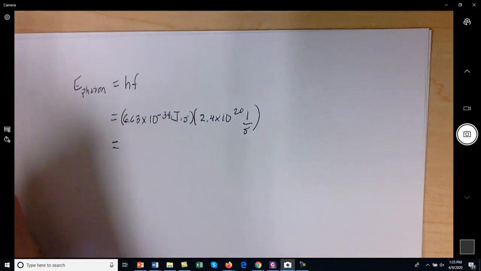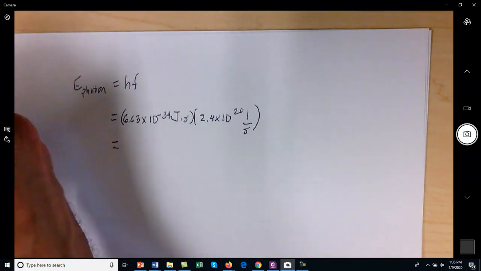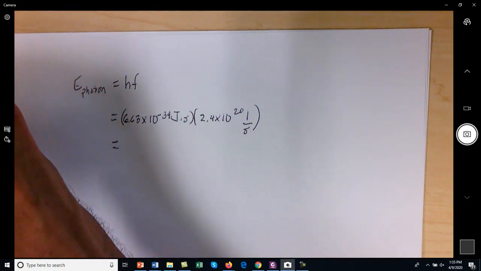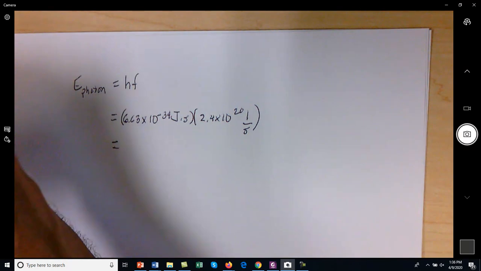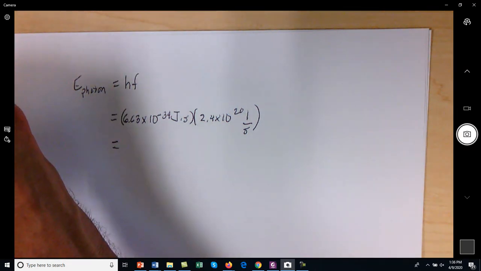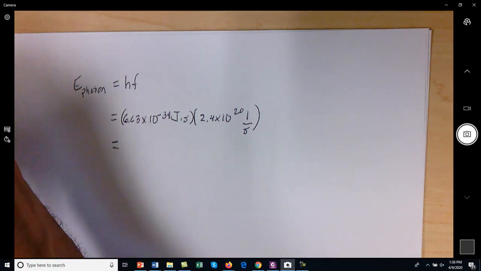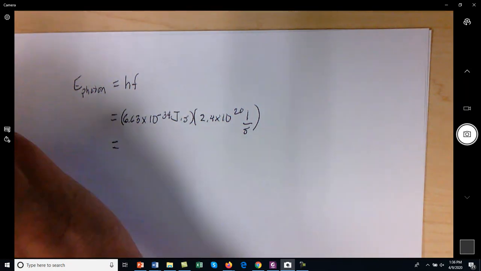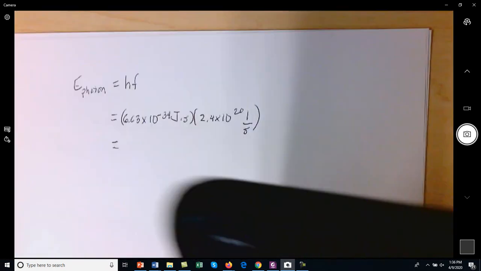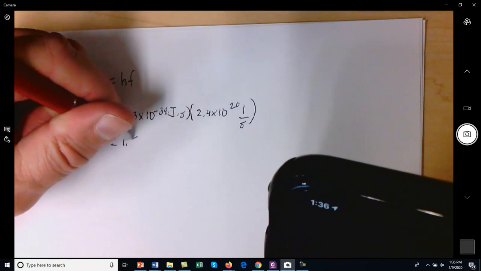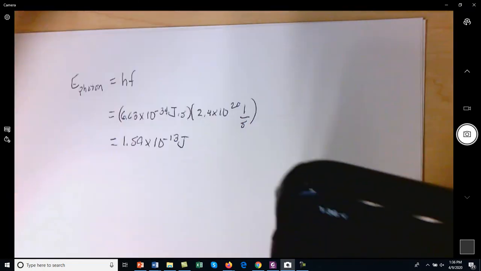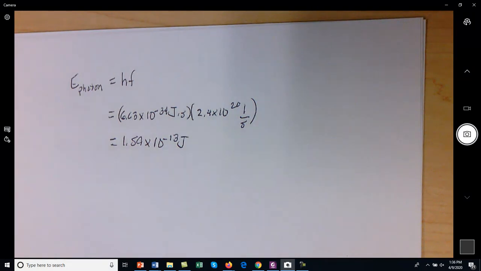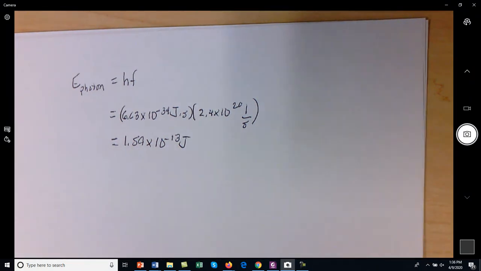And that means that the energy of an individual photon in this case is 1.5 times 10 to the negative 13th joules. Okay, not much, but that's a pretty energetic photon.